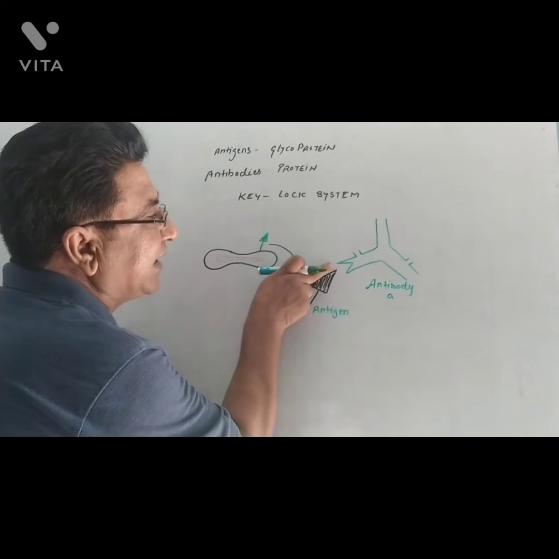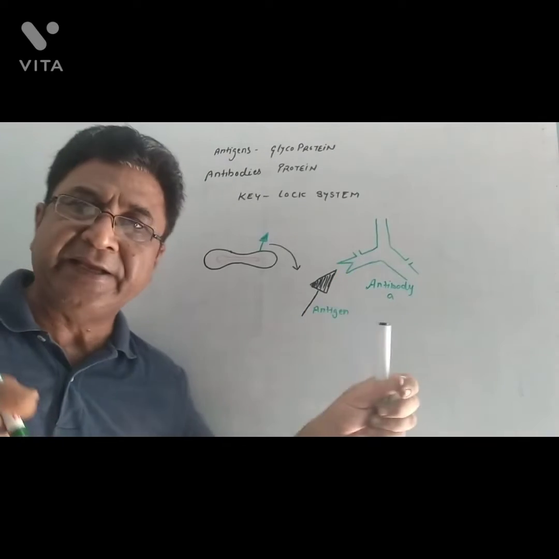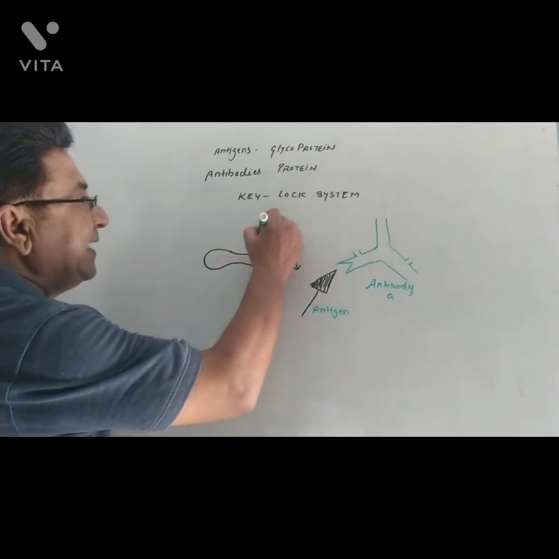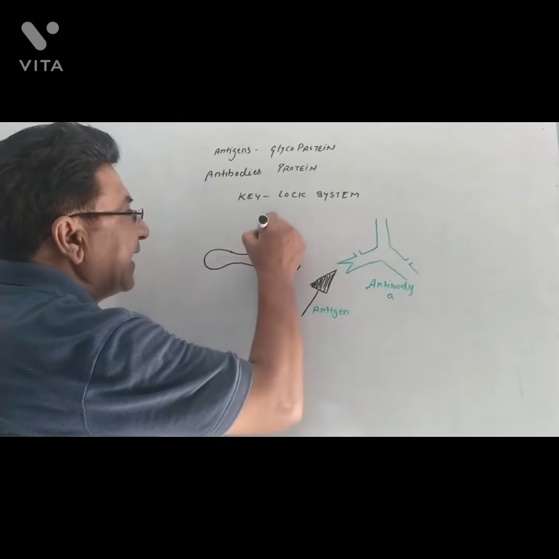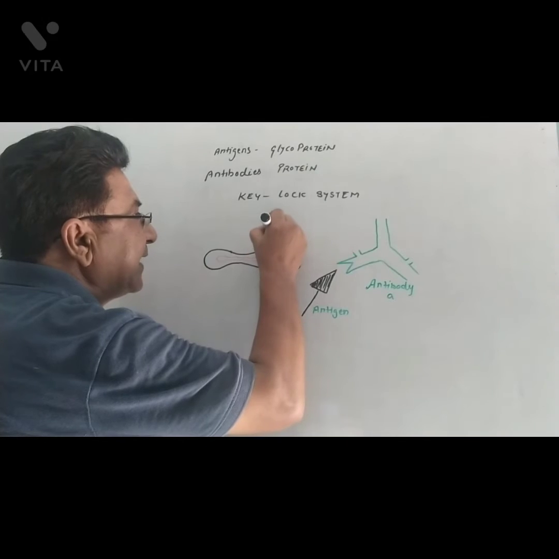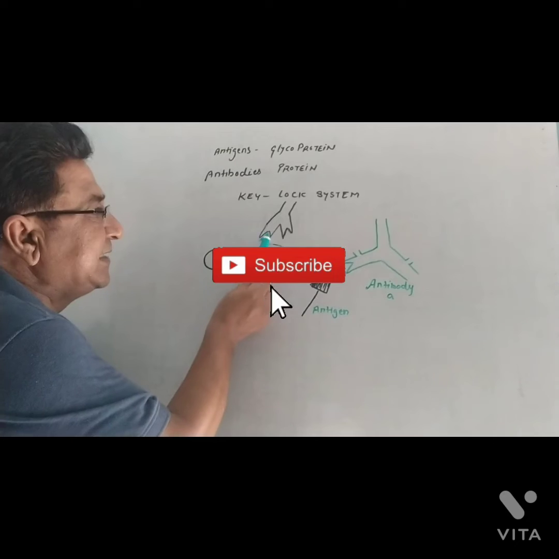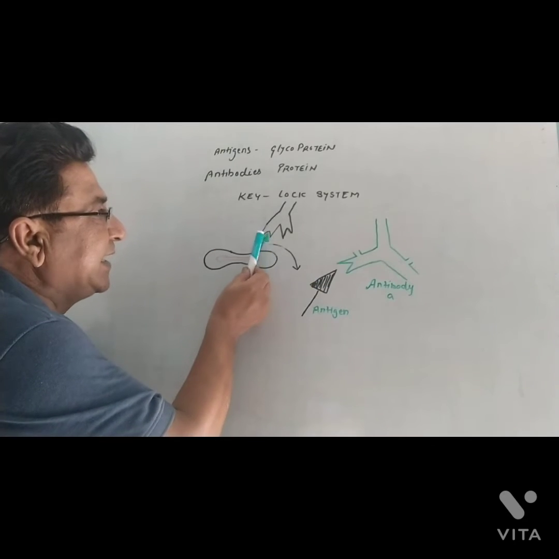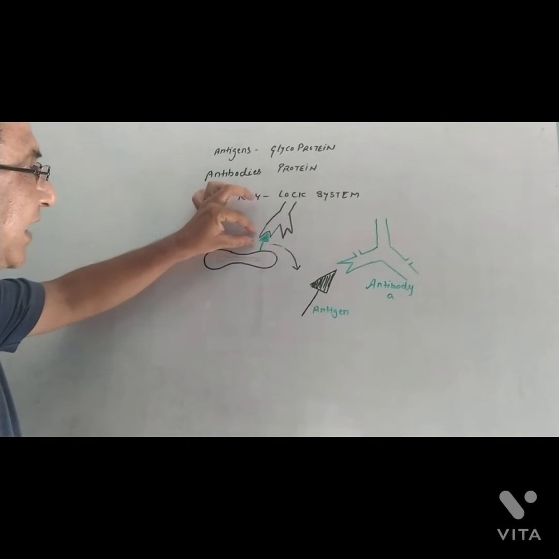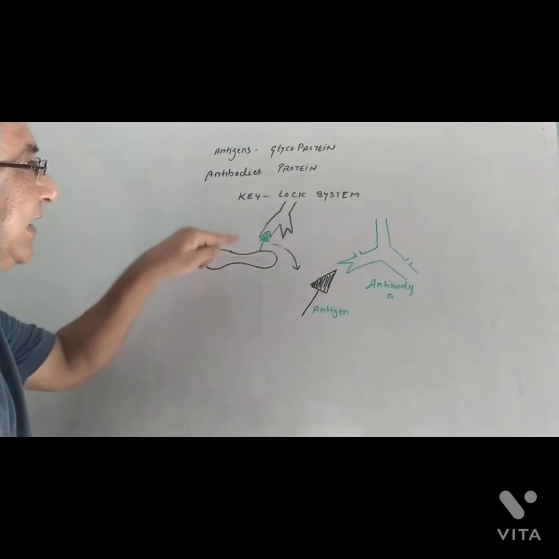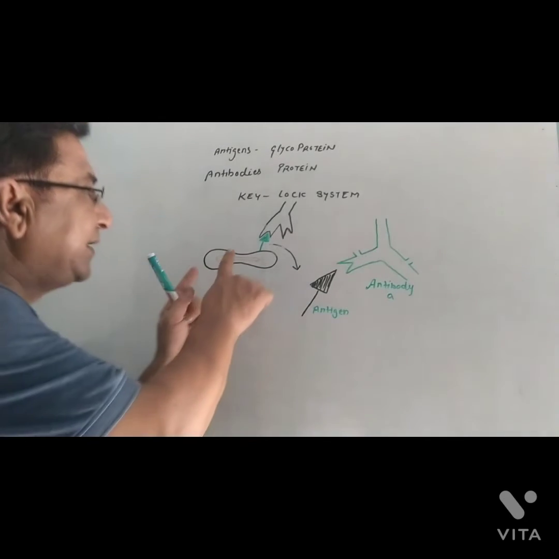Then this antigen will fix into the A-shaped depression of the antibody, and the antibody will get attached. Then what will happen?